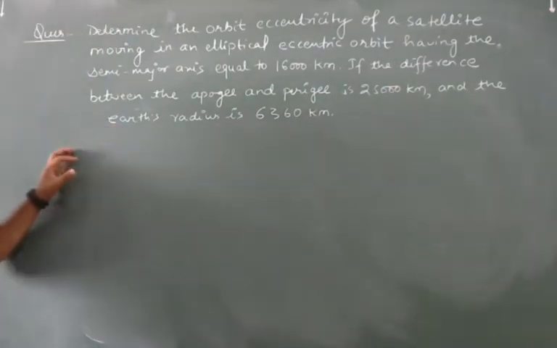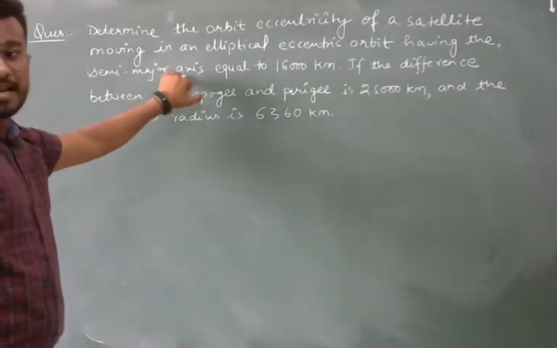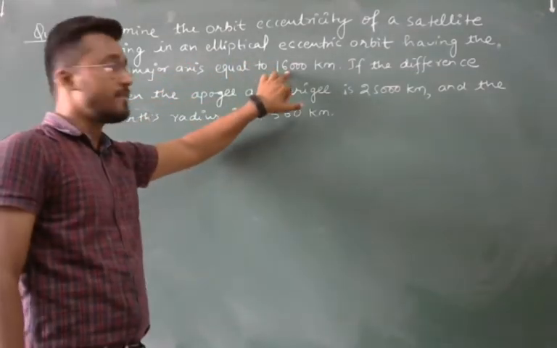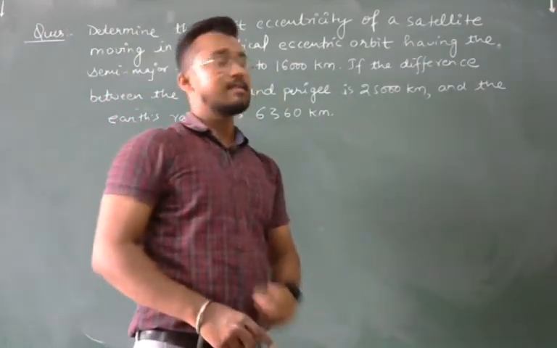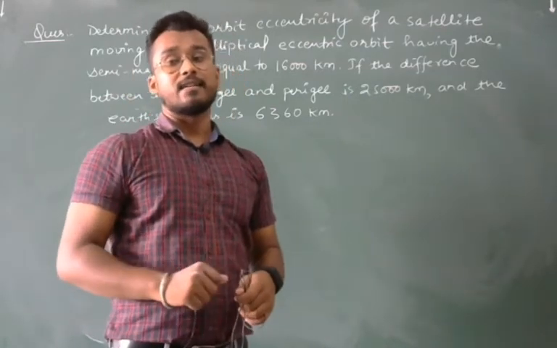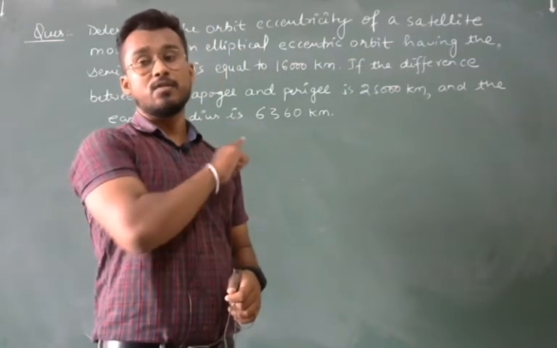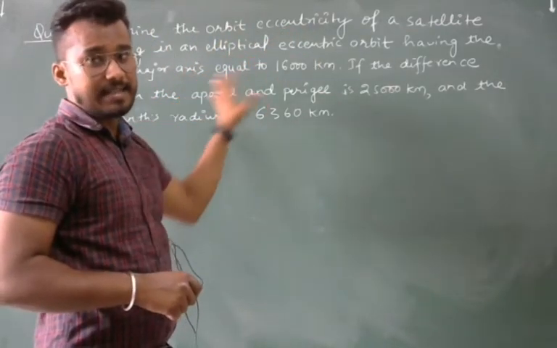So the value for semi-major axis, 16,000, is given, and the difference between the apogee and perigee is given as 25,000 kilometer. It is clear that we have to find out the eccentricity of that satellite, and these data are given.